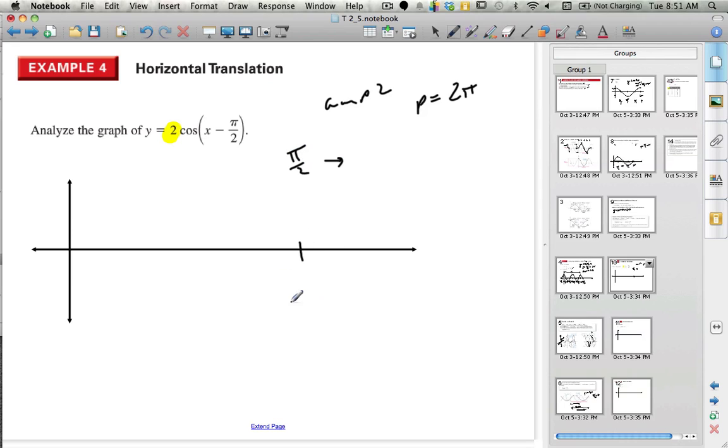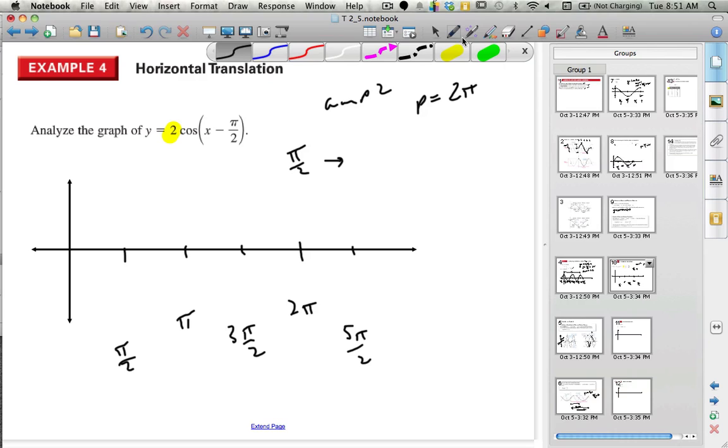So let's say that I lay it out like I would normally: 2 pi, pi, 3 pi over 2, pi over 2. And remember, everything shifted by pi over 2. So this is 4 pi over 2. I'm going to add in 5 pi over 2. And what I'm going to do is show it to you first in the original form of what it would look like.